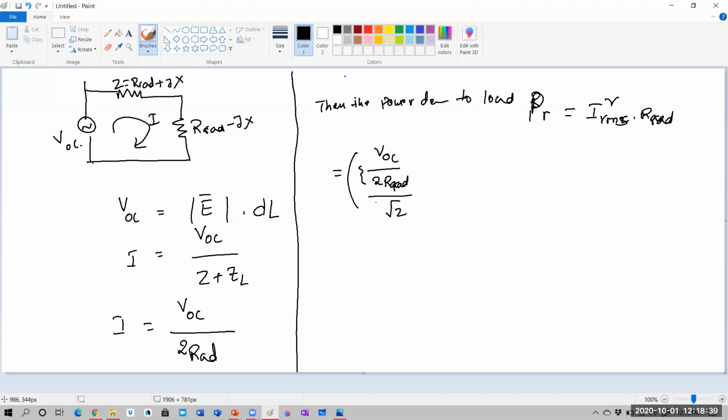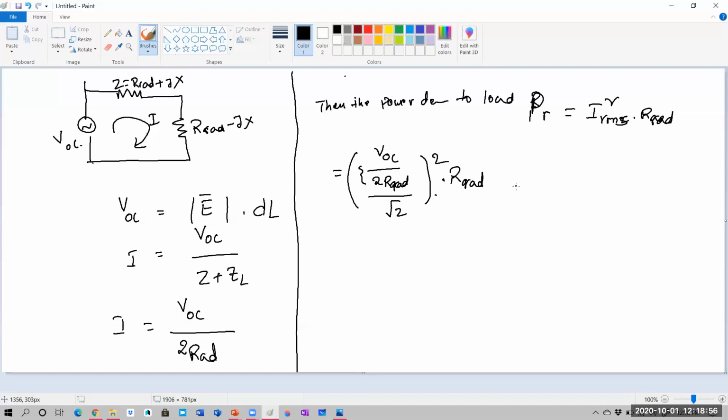So this is I squared into the radiation resistance R. This is the power delivered to the load.